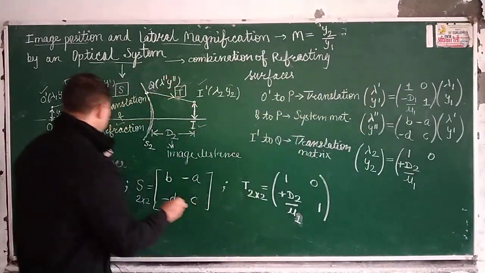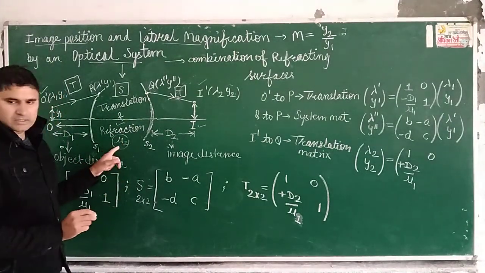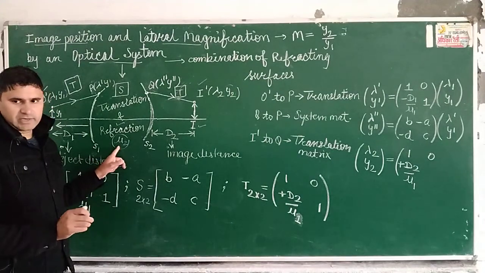Okay, so here we have assumed that this system has refractive index mu2.